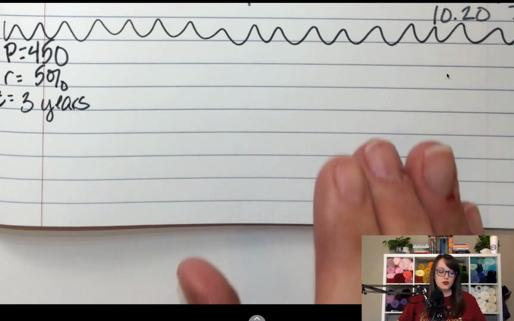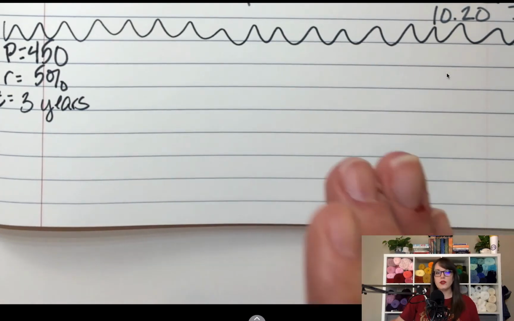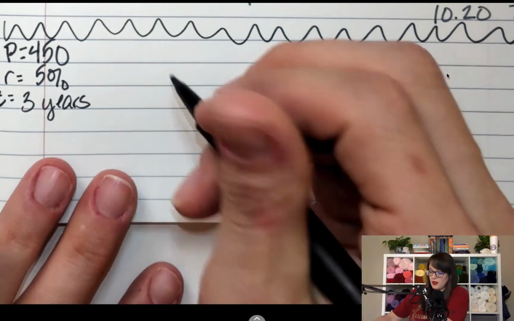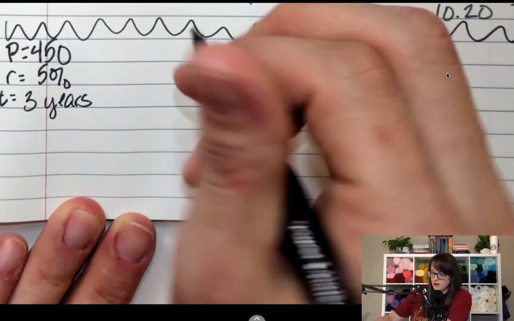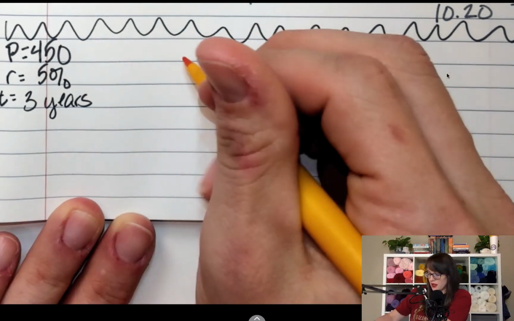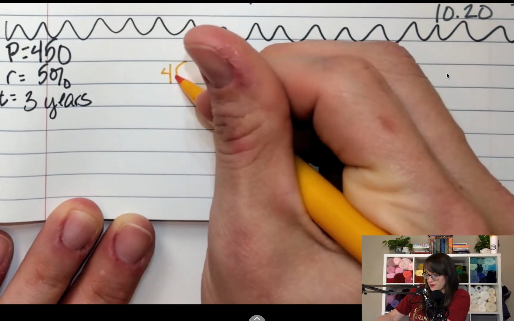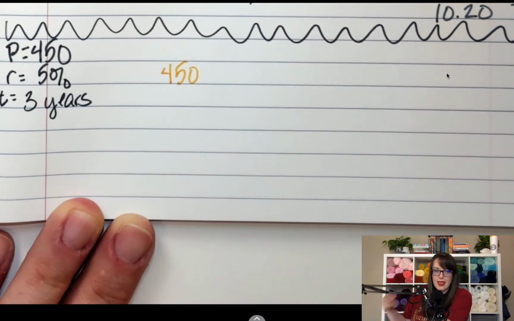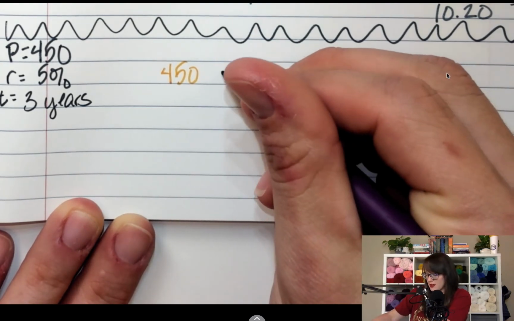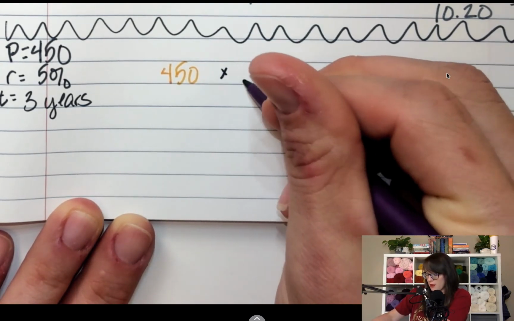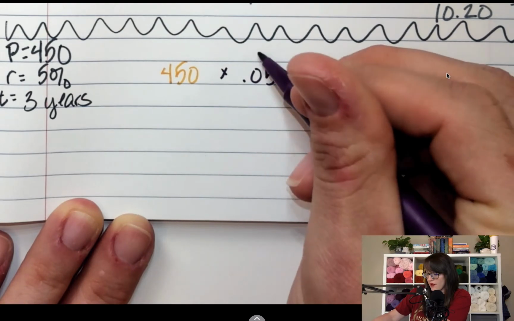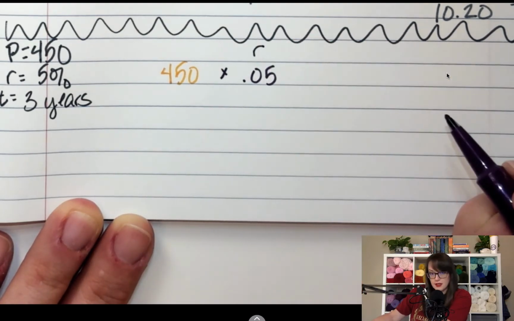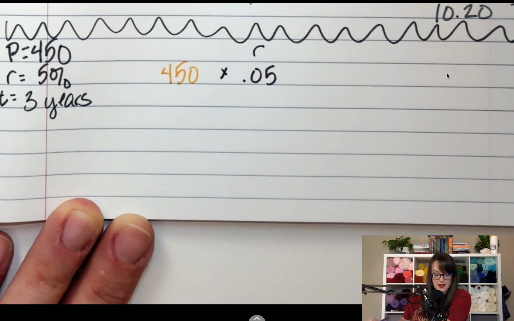Now, you could do the formula or you could do this table method. So I start with my principal. I start with $450. And then I have to find 5% of that. So I'm going to multiply by 0.05 because this is the rate as a decimal.